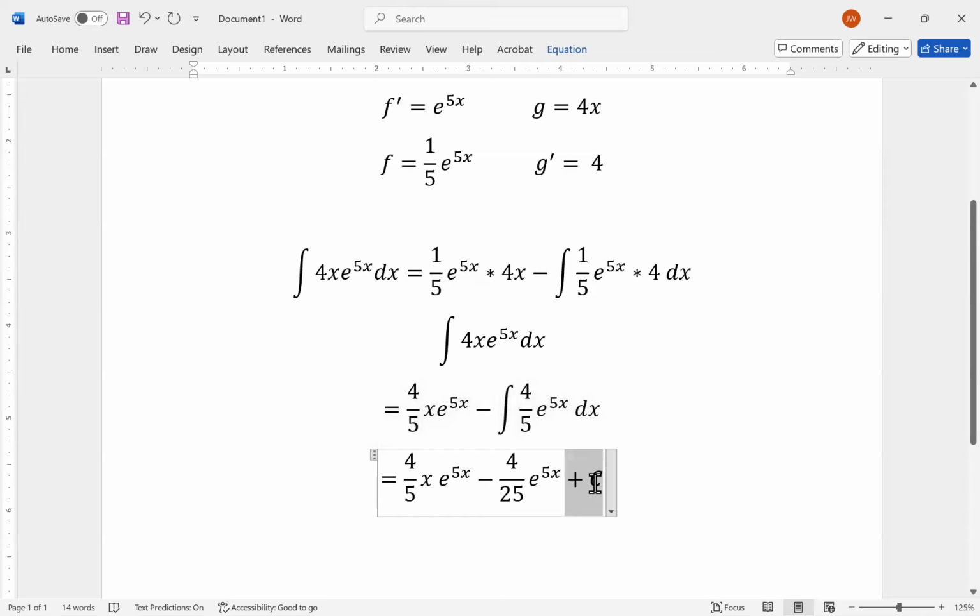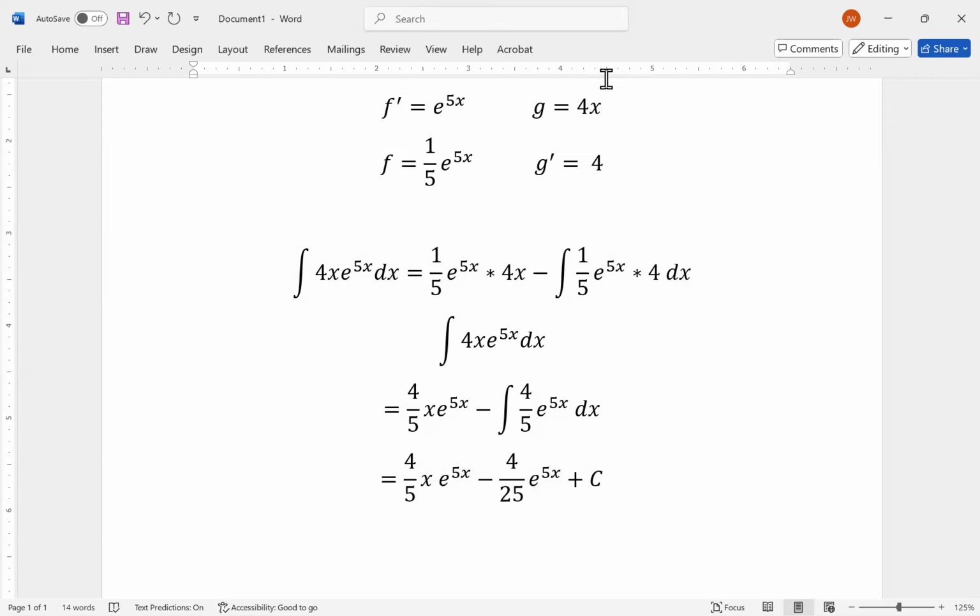By the way, that plus c takes care of basically any constants that I could have added when I got my antiderivative. I won't go through it, but if you use any antiderivative, such as 1/5 e to the 5x plus 19, it would still come out to the same equivalent statement. So there we go.